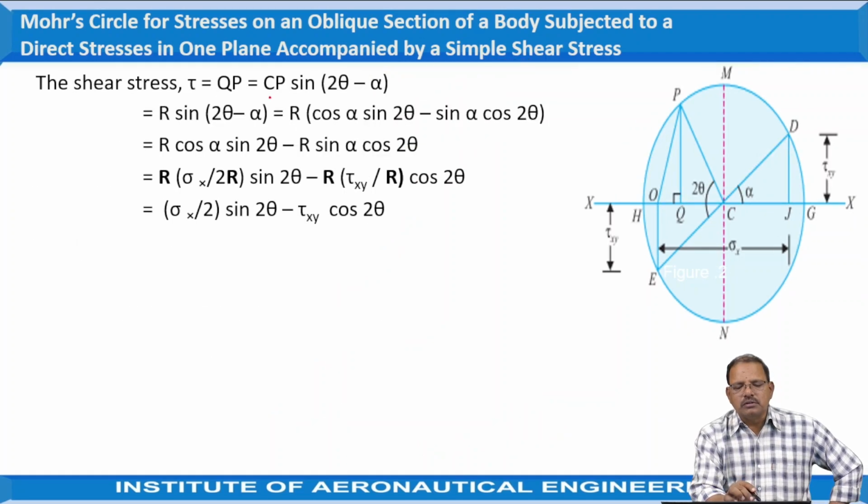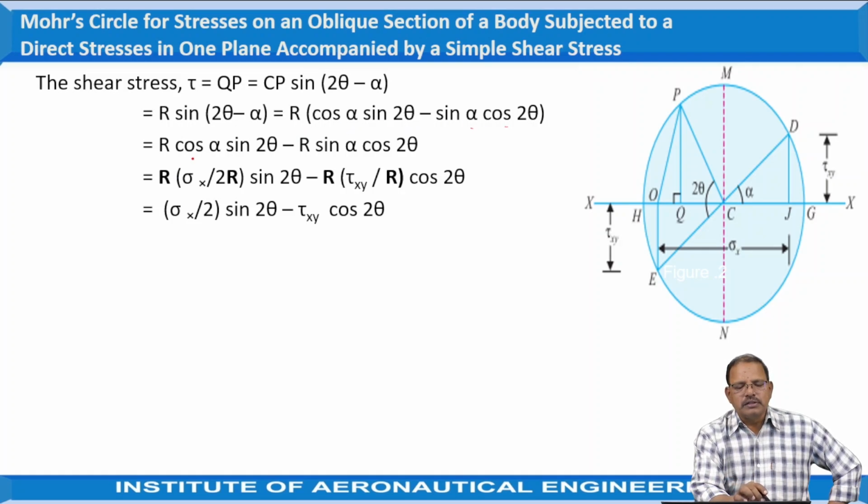The shear stress is equal to QP, which is CP sin (2 theta minus alpha). Here CP is the radius of the circle, R sin (2 theta minus alpha), and expanding these we got R into cos alpha sin 2 theta minus sin alpha cos 2 theta.